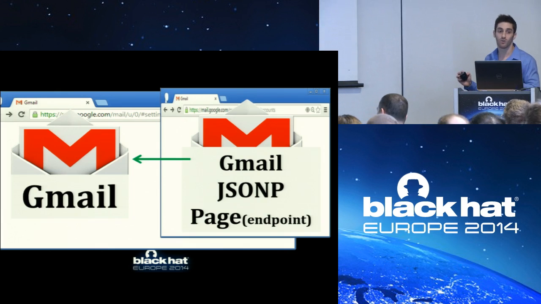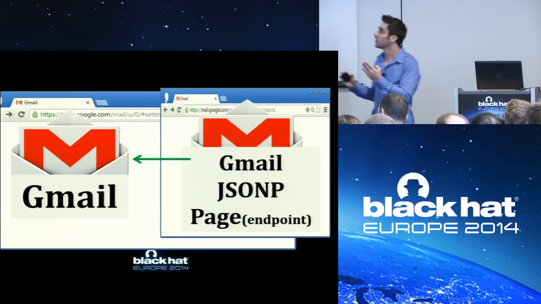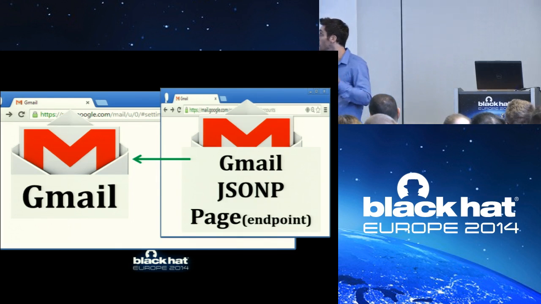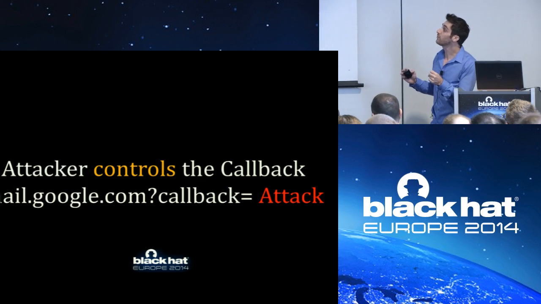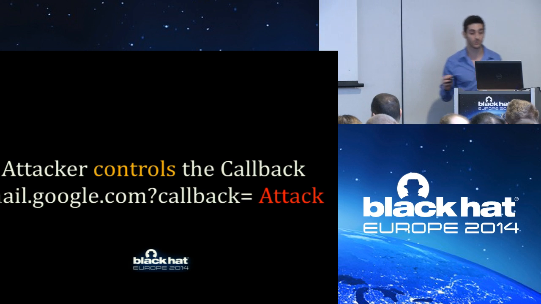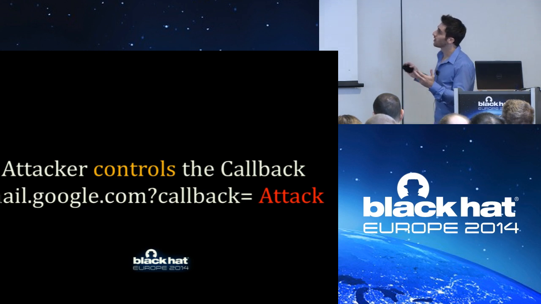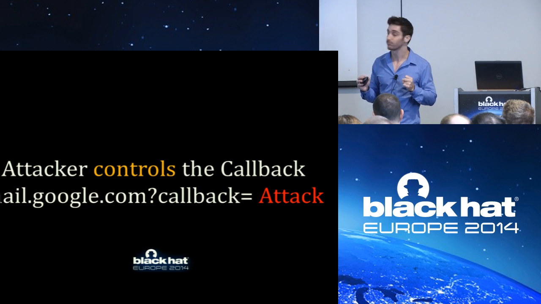But now we have two windows, both on Gmail, and therefore we can exchange data now, because same origin policy allows same origin transmission of data. But if we change this callback value to attack, for example, we are controlling what's getting executed on Gmail.